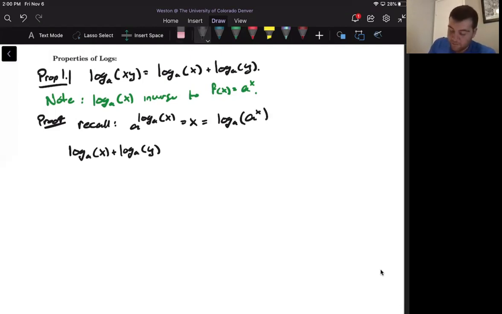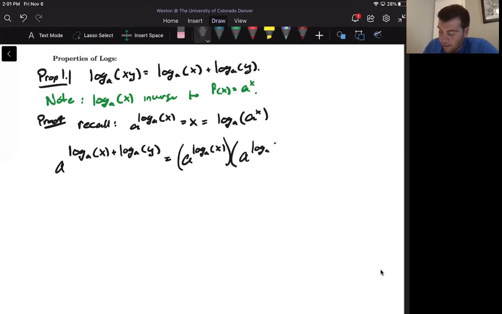We're first going to exponentiate by a, and then use our properties of exponentiation. So that breaks up. That's the same as a to the log a of x times a to the log a of y. And then from up here, we know that that's going to cancel down to just be x times y.